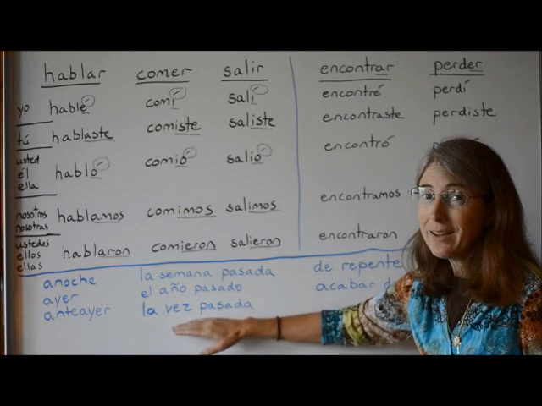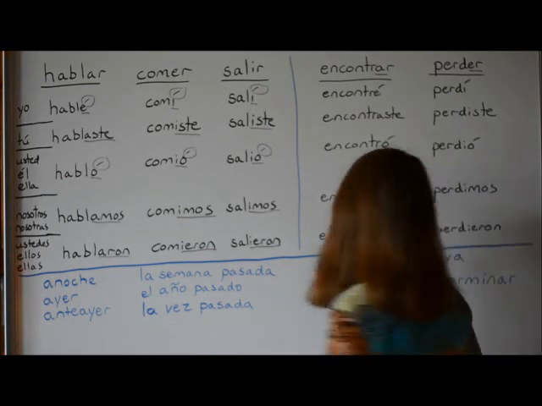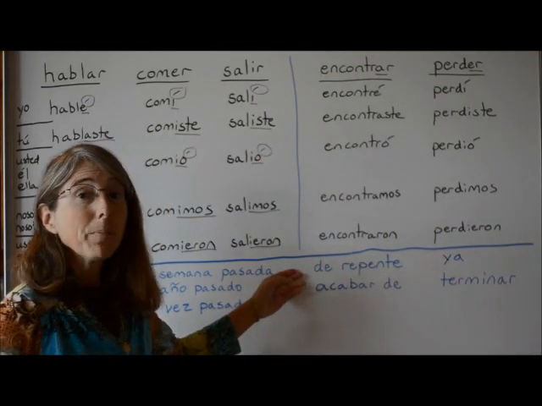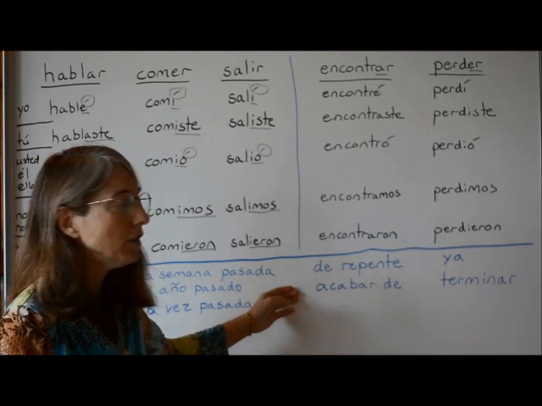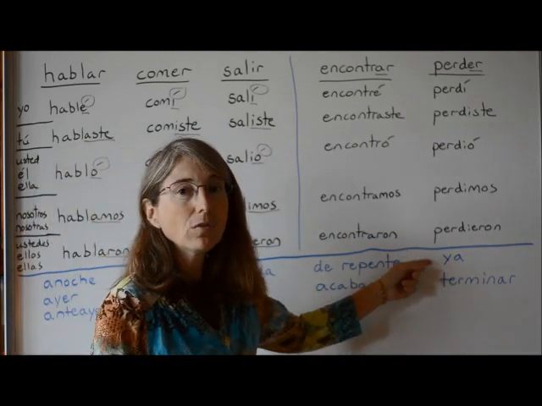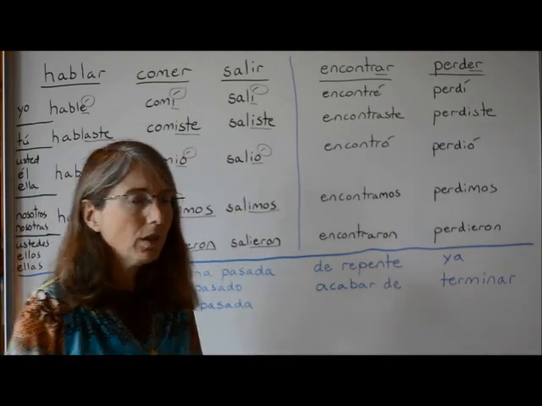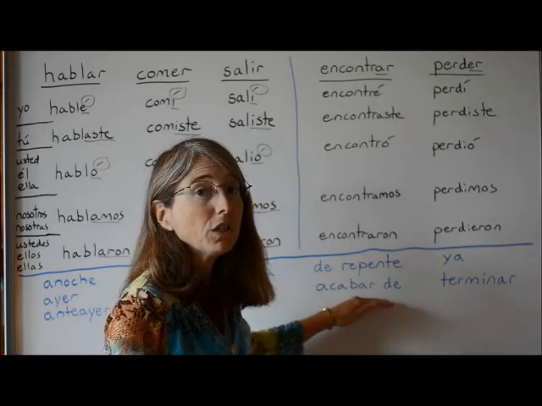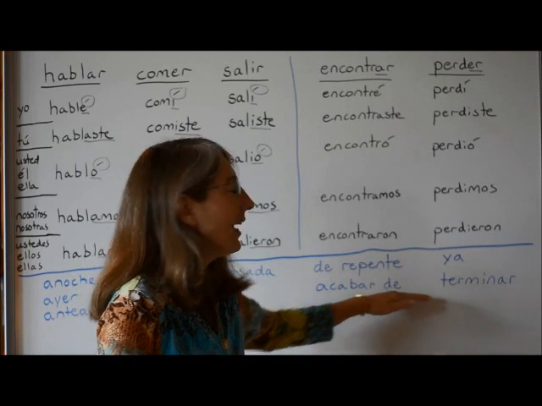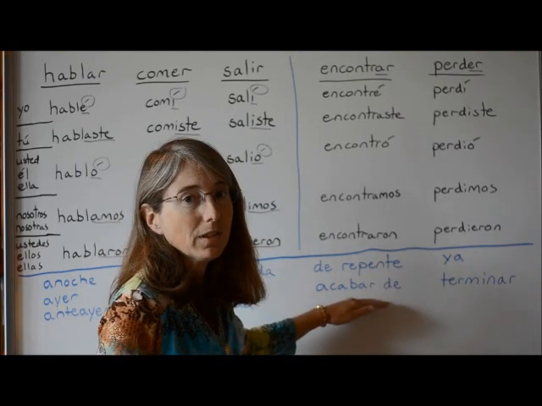La vez pasada, last time. De repente, suddenly. Acabar de, to have just finished doing something. Ya, already, and terminar, to finish. So these verbs right here aren't necessarily going to be conjugated in the preterite, but they actually can indicate the preterite tense.